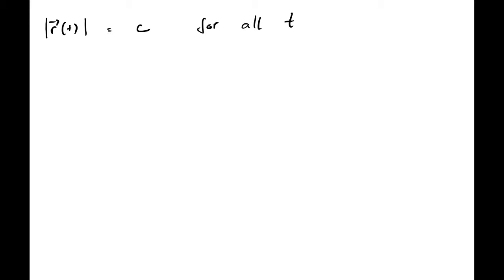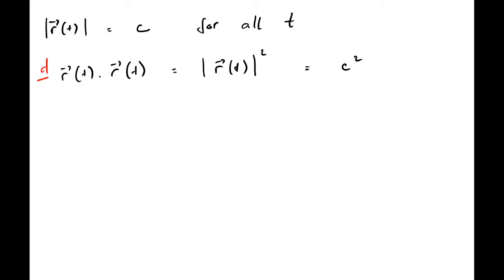If we dot vector r(t) with vector r(t), it will become the magnitude of vector r(t) squared, and is equal to c squared.